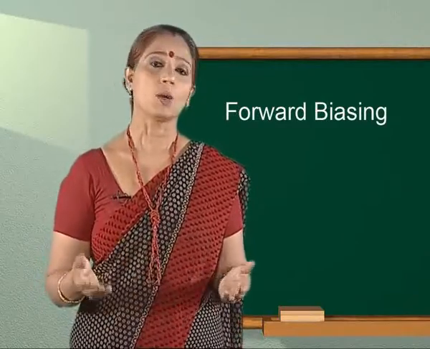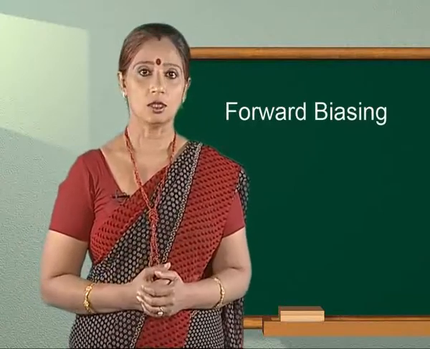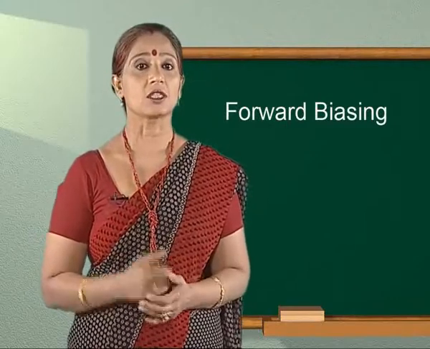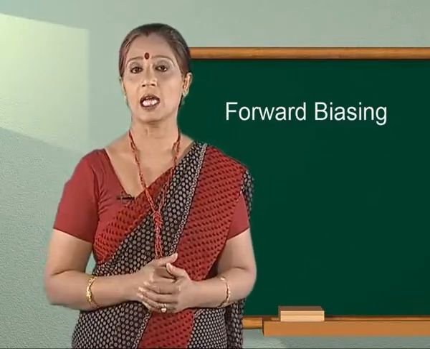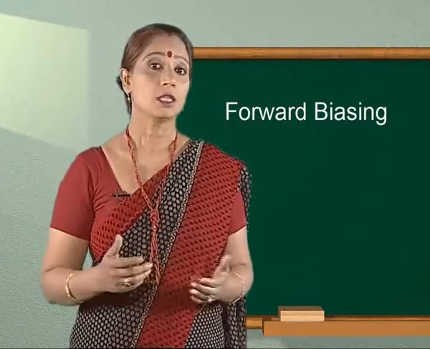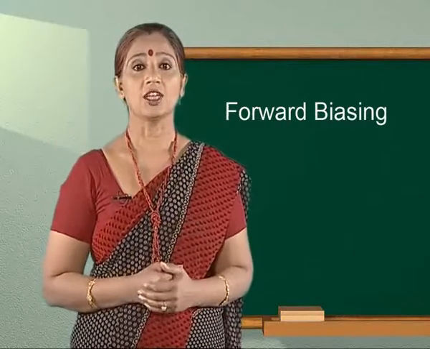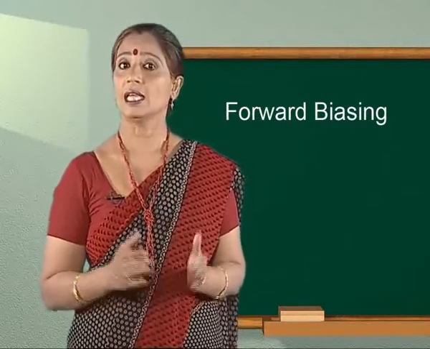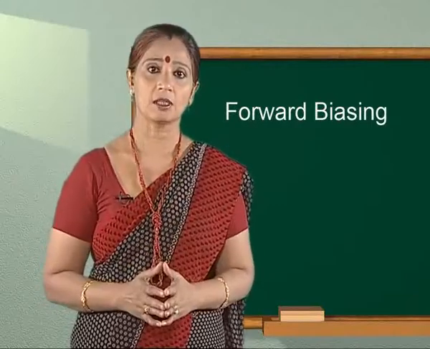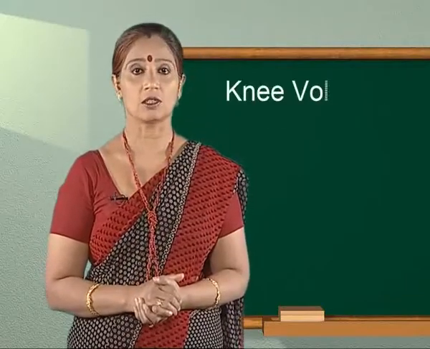As the forward bias is increased, the current also increases. The current increases slowly in the beginning and then goes up sharply. The forward current flows only if the initial forward voltage is greater than a certain minimum voltage, which is known by the name knee voltage.